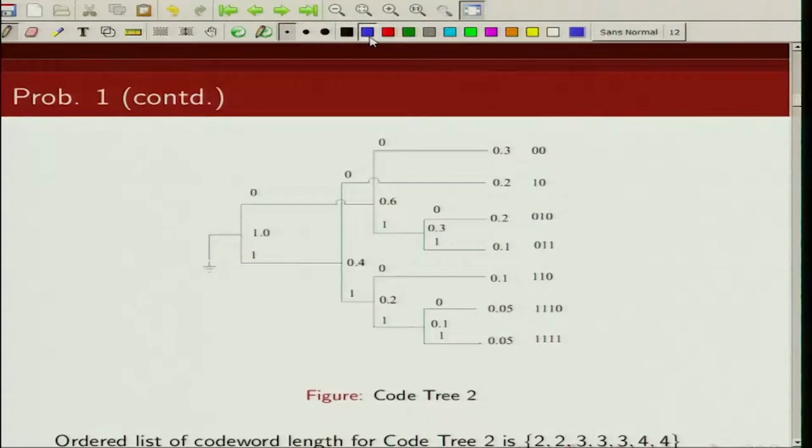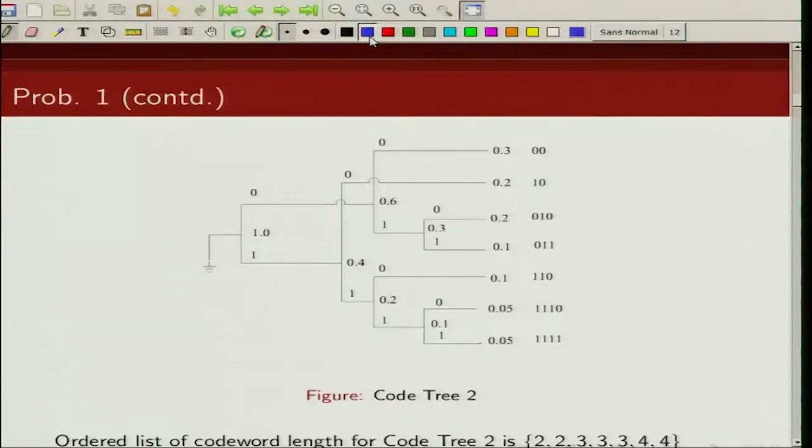Now let us look at another way in which we can construct this optimal binary prefix free code. Same example. The 2 smallest probabilities are 0.05 and 0.05.